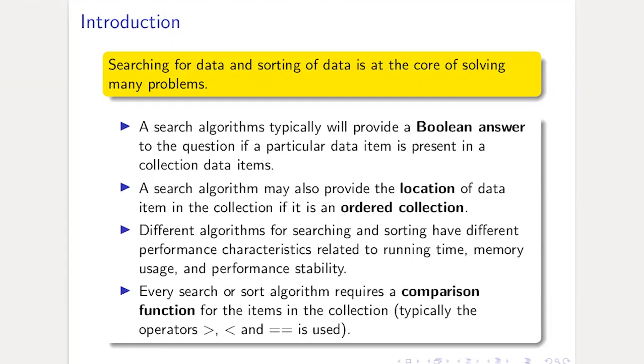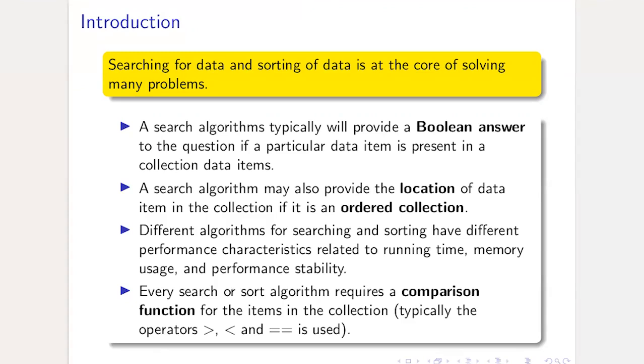For example, a list is such an ordered collection with a very specific way of indexing, starting with 0, and for a list with n items, the last index would be n-1. When we search for an item stored in a list, it can provide the location at which we can find the item if it is present.